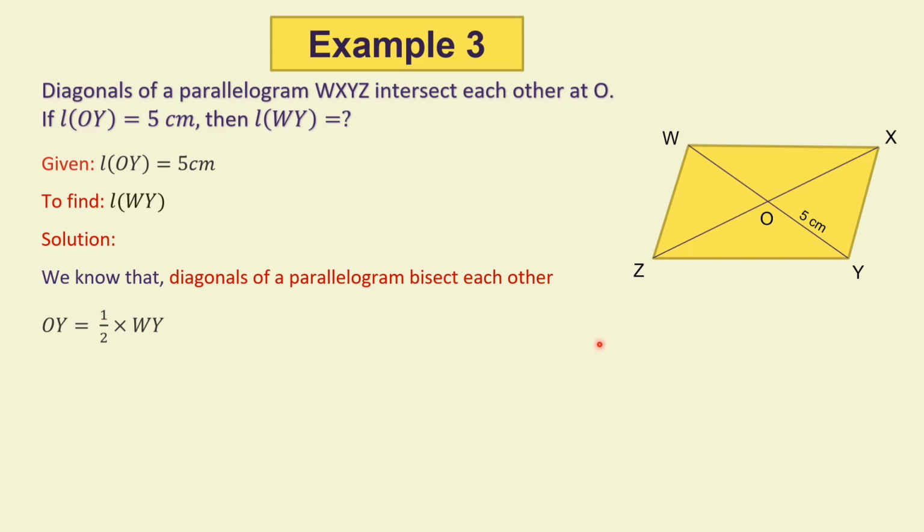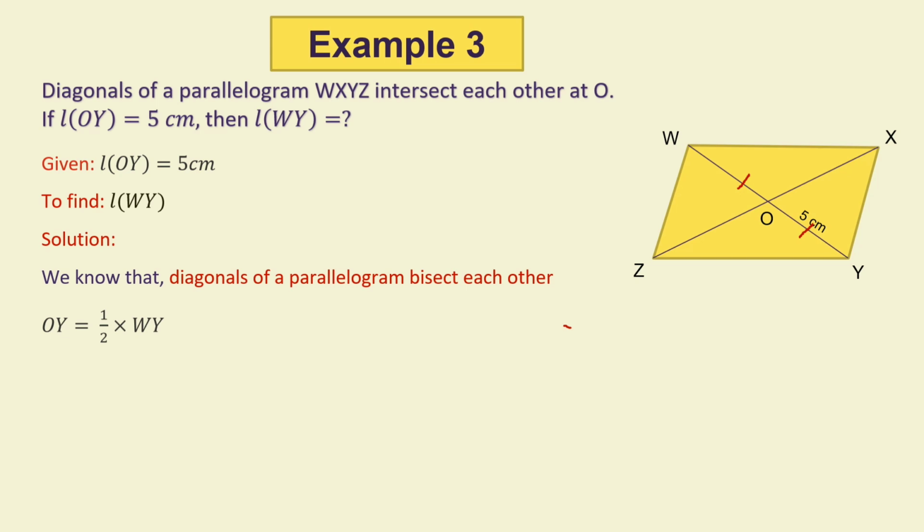We know the diagonals of a parallelogram bisect each other. That is, OY will be half of WY. Since they are bisecting, that means OW is equal to OY. So OW plus OY will be equal to WY, but these two are equal, so we can write it as twice OY.